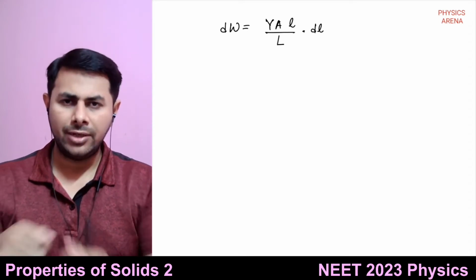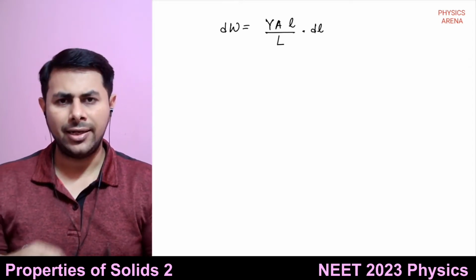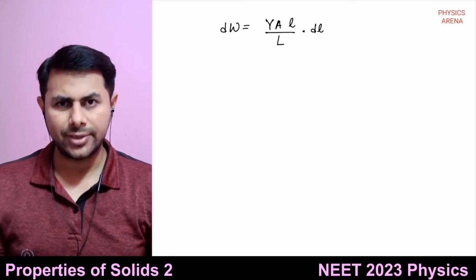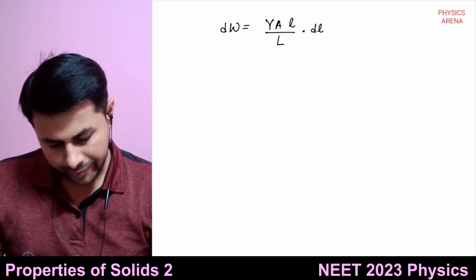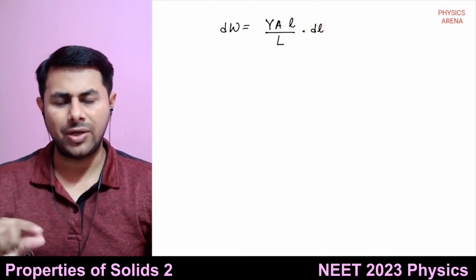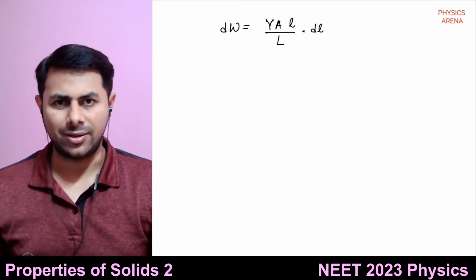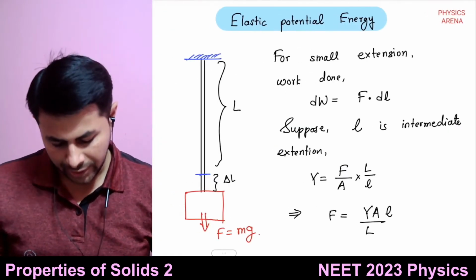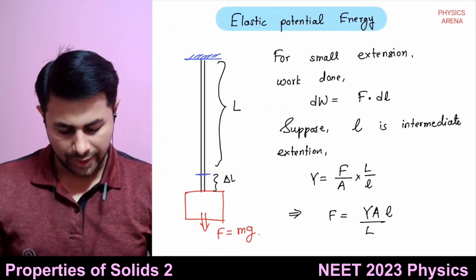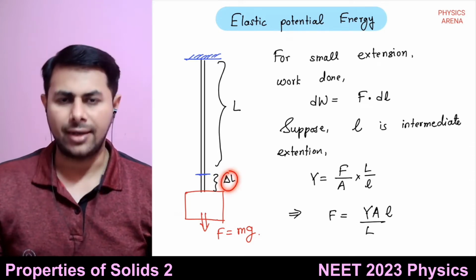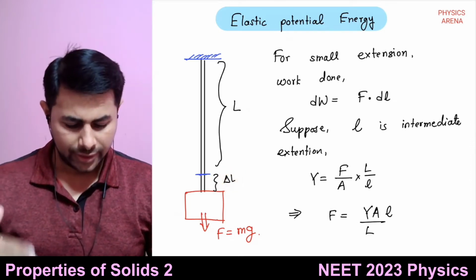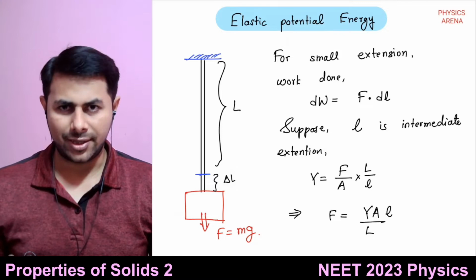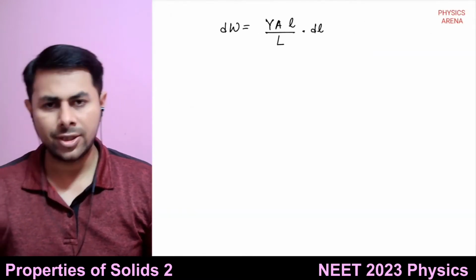When you stretch that wire by length small l, there is already some restoring force, and against that restoring force you stretch the wire again by dl. dl is a very short increment in the length of the wire. Initially the increment was 0 and the maximum increment is delta l, so the increment in the length of the wire changes from 0 to delta l.